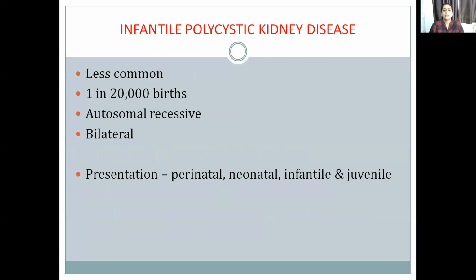Coming to the infantile polycystic kidney, it is less common, whereas the adult type is more common. It is autosomal recessive, whereas the adult type is autosomal dominant. Bilaterality can also be seen. Presentation can be perinatal, neonatal, infantile, and juvenile. Severe conditions may have things like failure to thrive.